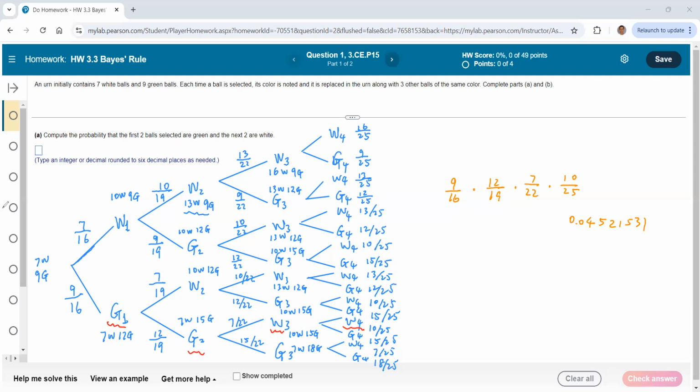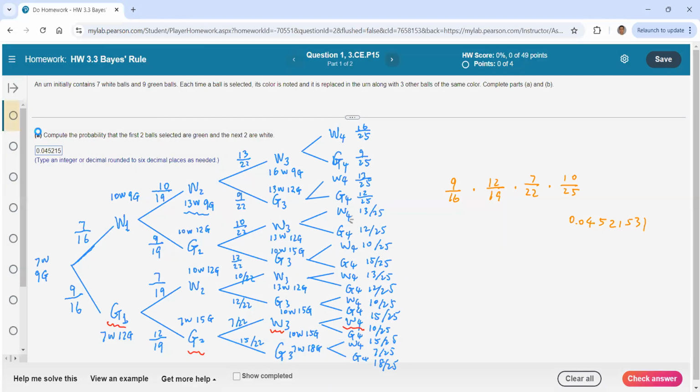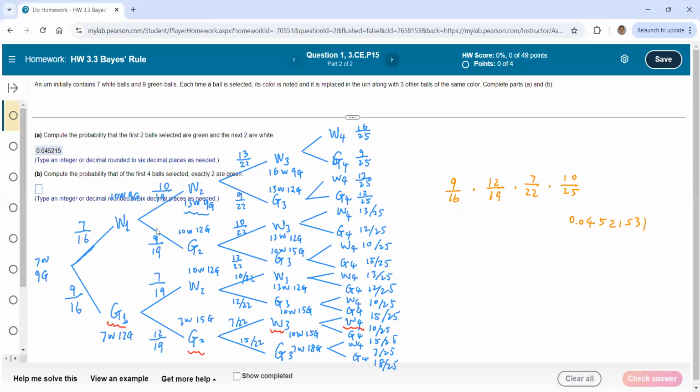So let's type in 0.045215. Okay, so that's our answer. All right, so that is correct. Let's click on OK, and then move on to the next one.